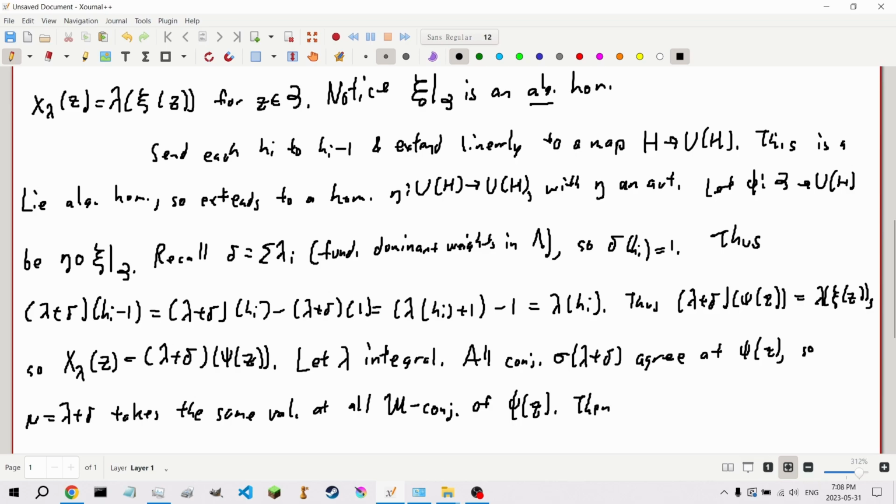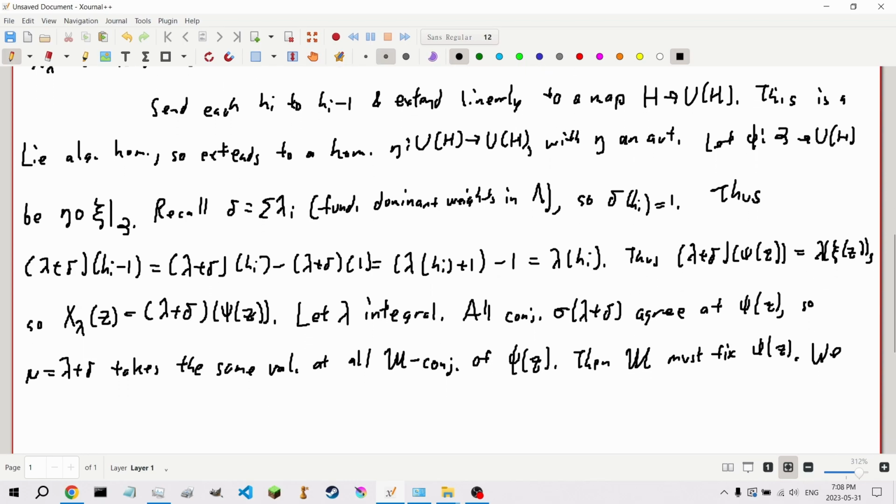From that, the Weyl group must fix our psi of z for z in our fancy set, and we may replace the universal enveloping algebra of H with the symmetric algebra of H, as H is abelian.